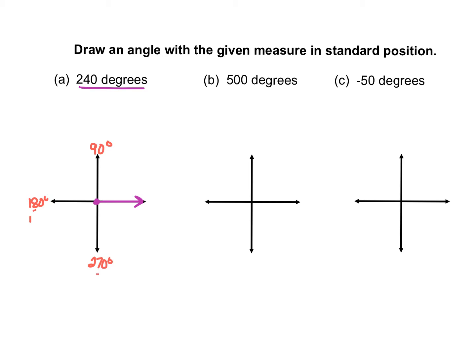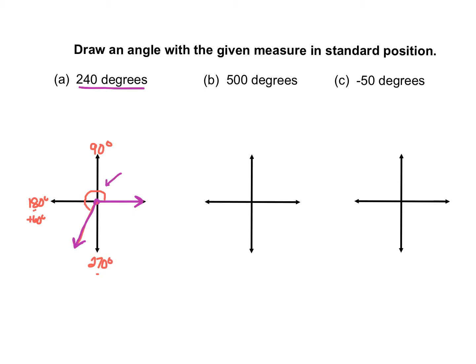It's really 180 plus an additional 60 degrees, so it'll be about 30 degrees away from 270 degrees. I'm going to draw this angle by going around through 90, through 180, and then about 60 degrees past 180 to about right here. So my terminal side of that angle is going to be in this direction.